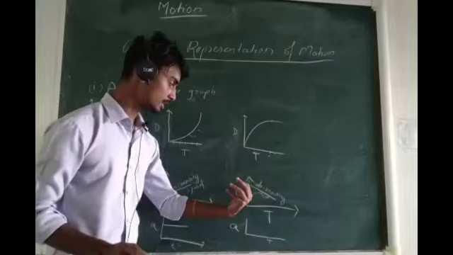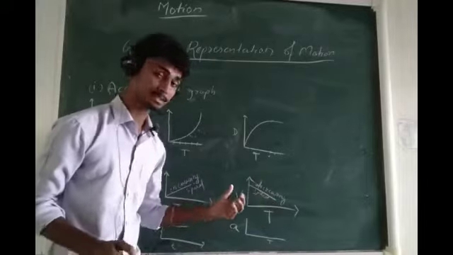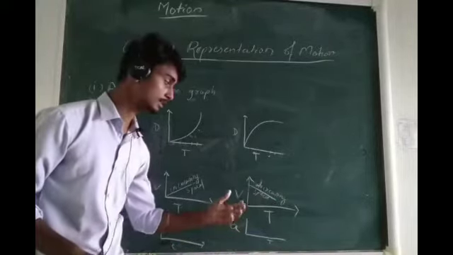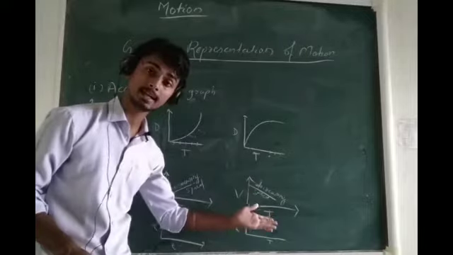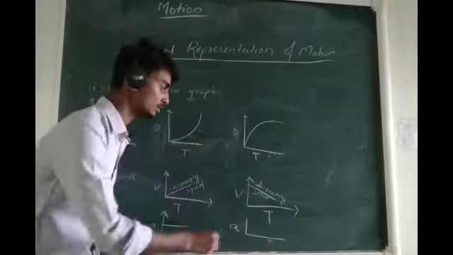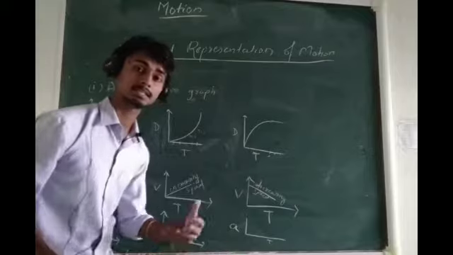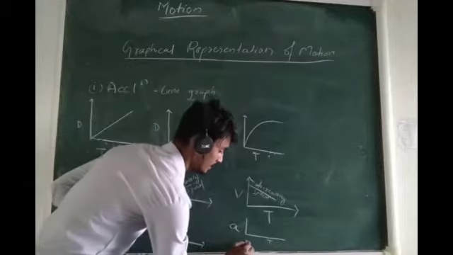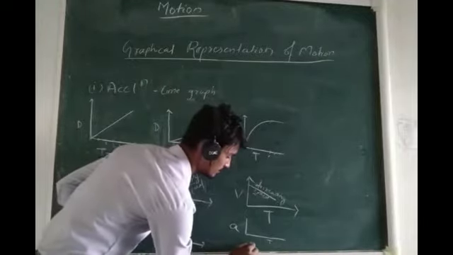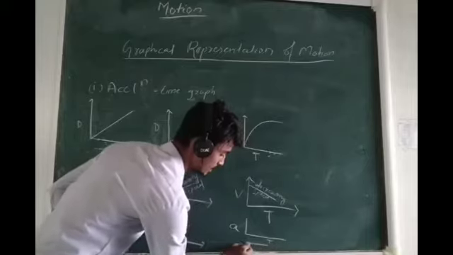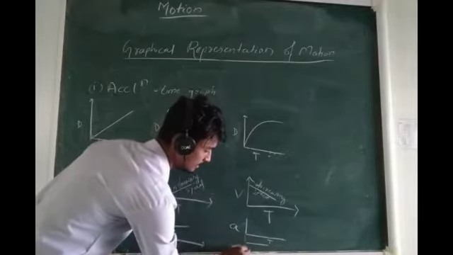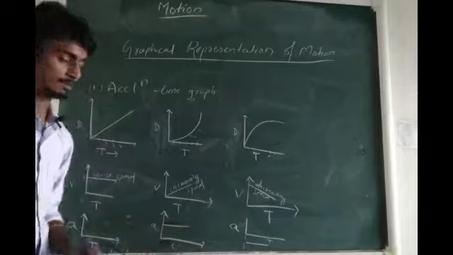Why? Because here the speed is decreasing, or we can say that the acceleration is negative here, or here the retardation is going on. So if retardation is going on, it means that the acceleration should be negative. And if we draw the graph, it will be something like this. Value of acceleration shall be negative. Right.